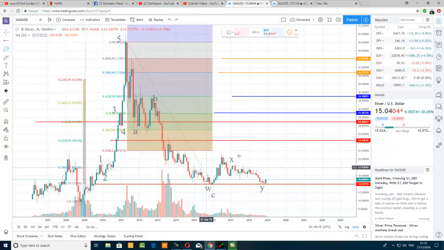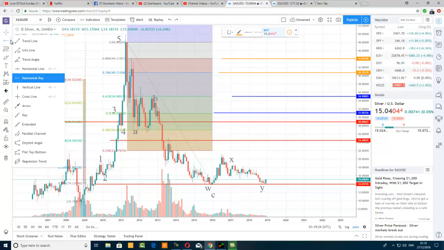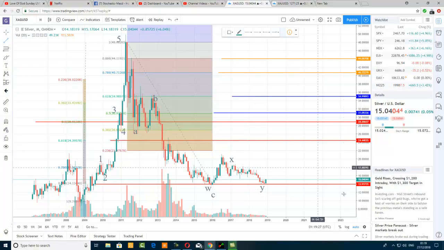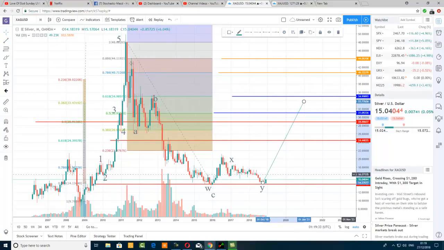So the professional Fibonacci traders will be salivating or hoping that the price comes back to the sweet spot zone of that bearish move down here. If it reaches that zone, they will be challenging it, trying to push it back down. If that is the case, that will form the proper X.